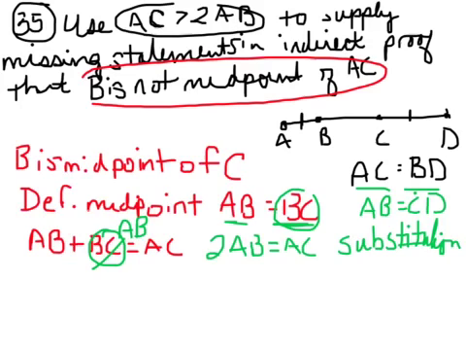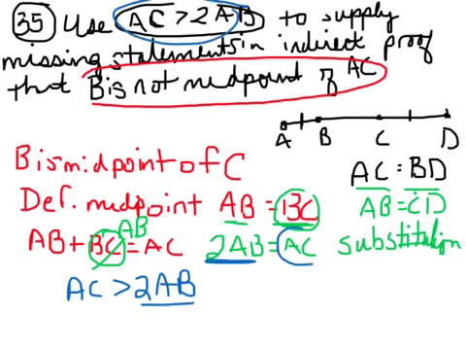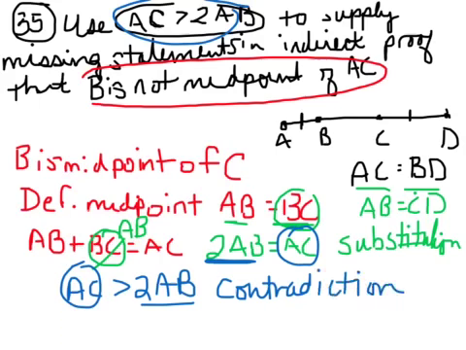What does this contradict? Well, we know that AC is greater than 2AB. That was the thing they told me up here. Here we're saying that 2AB is equal to AC. Both of those things can't be true at the same time. Therefore, this is a contradiction. This 2AB equals AC is a contradiction of this right here. And that's what they want to know. What did it contradict? It contradicted that.